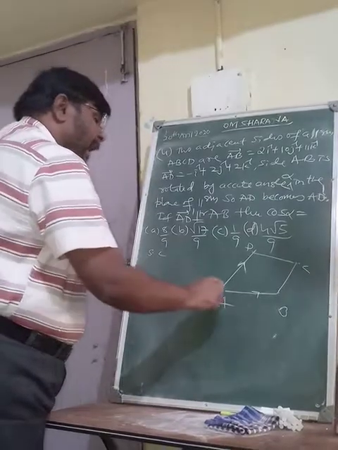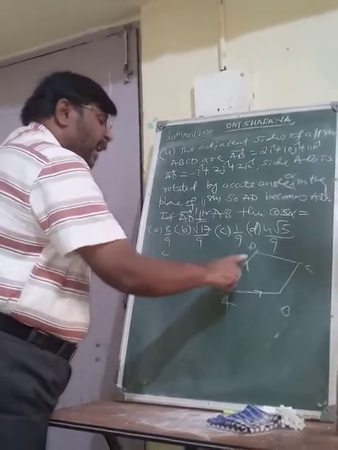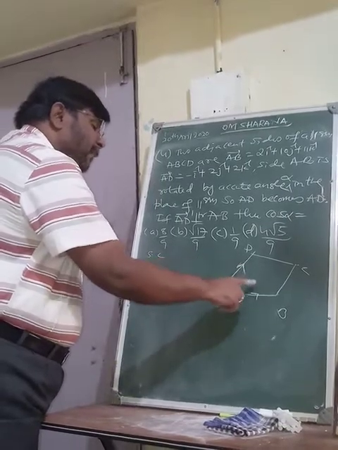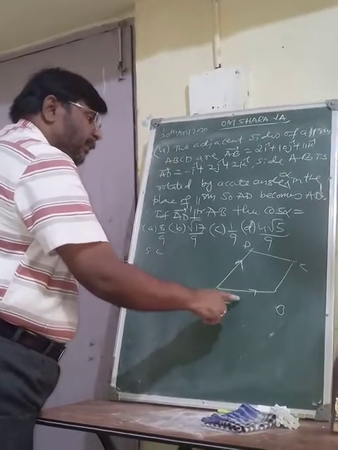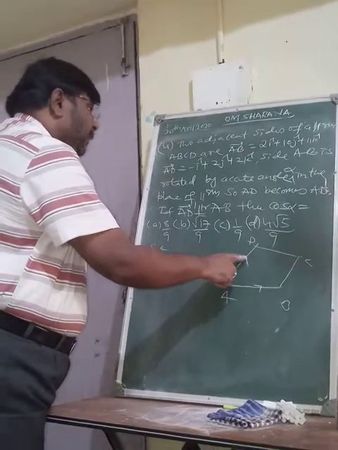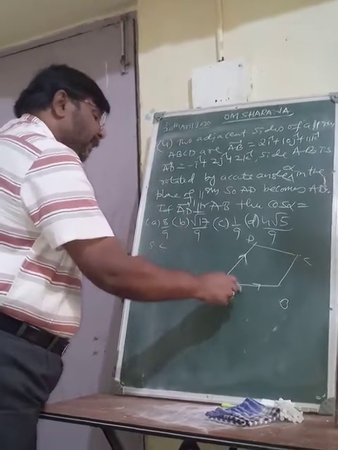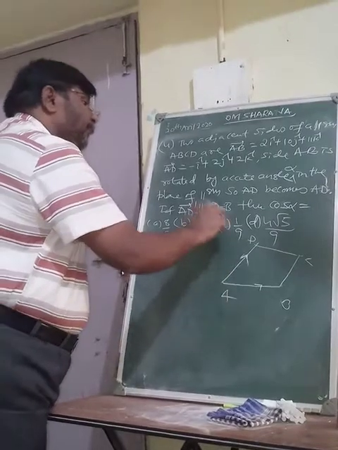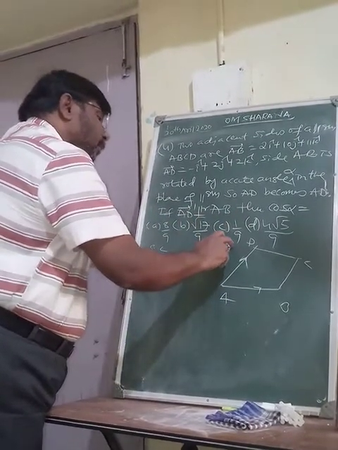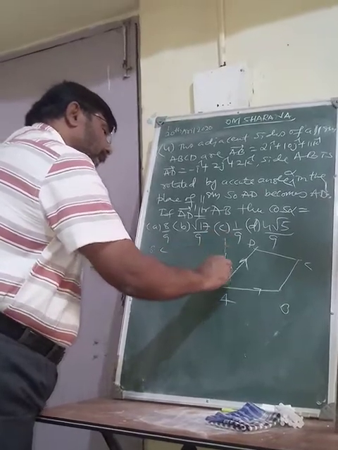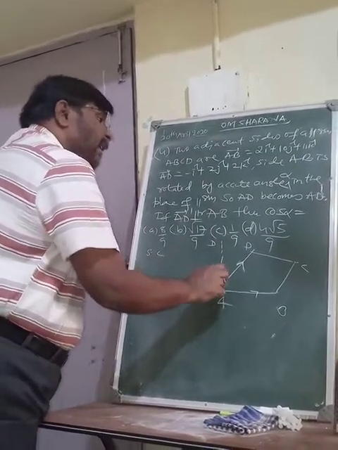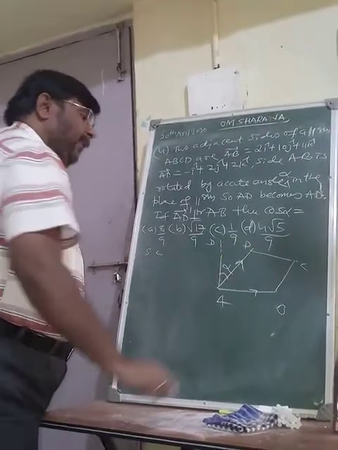Then if side AD is rotated through an acute angle in the same plane of these two vectors, such that AD moves up to D dash, then the angle made is alpha.